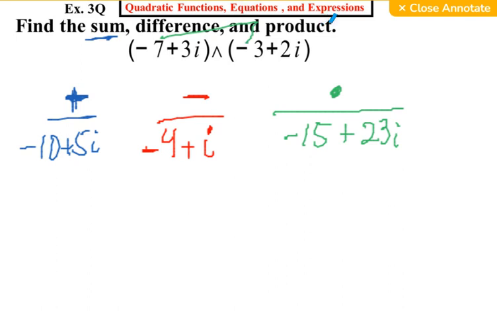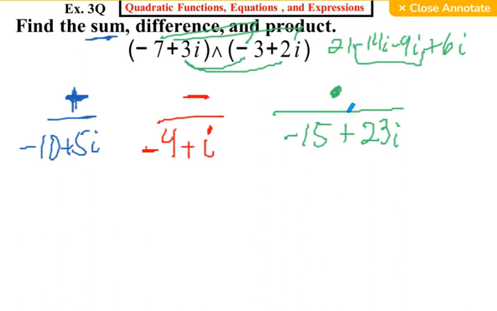Negative 7 times negative 3, that's 21. Negative 7 times 2i, that's negative 14i. 3i times negative 3, that's negative 9i. And 3i times 2i, that's positive 6i squared. So this becomes negative 23i, that is correct, but it's negative.